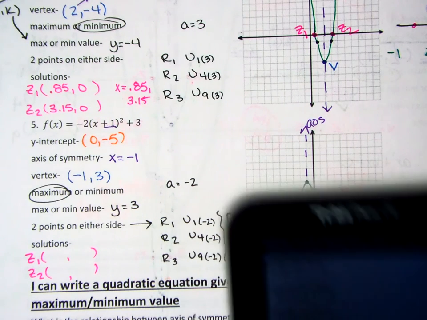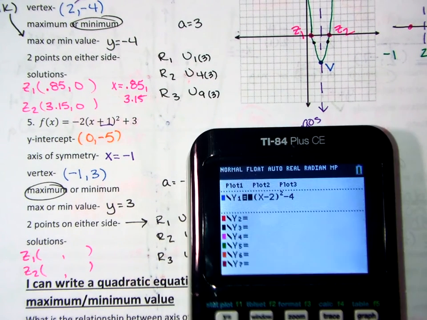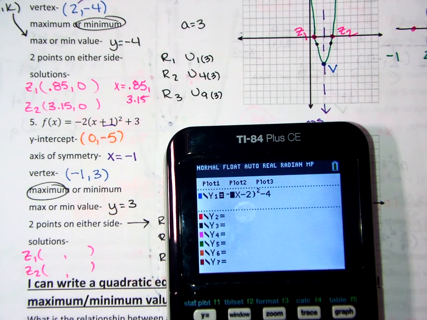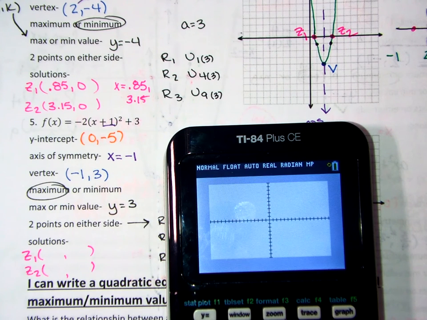So on my calculator, I'm going to make sure I type it in correctly. I'm going to go y equals. So this is going to be -2 parenthesis x plus 1 parenthesis squared plus 3. Graph it.